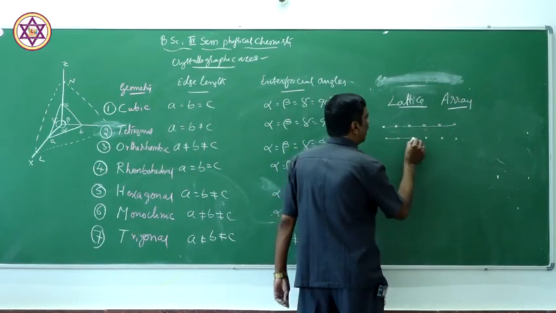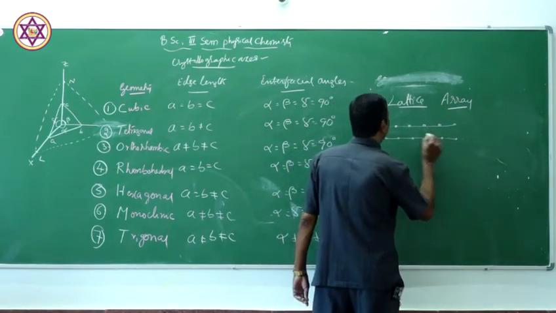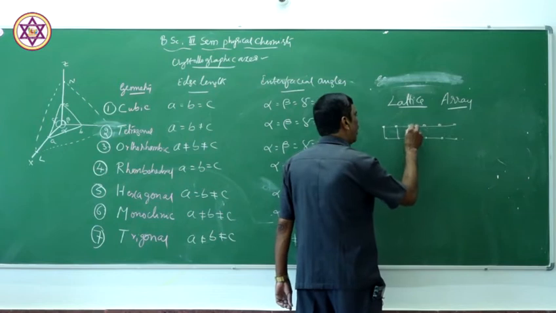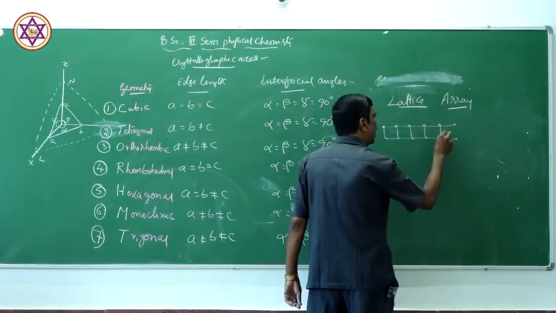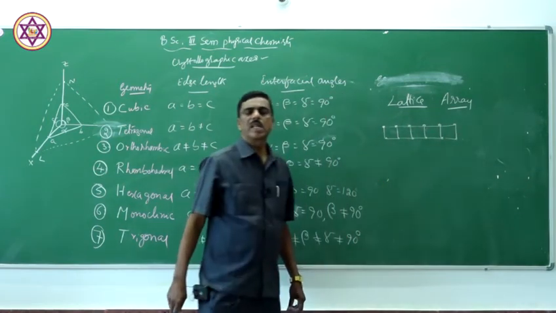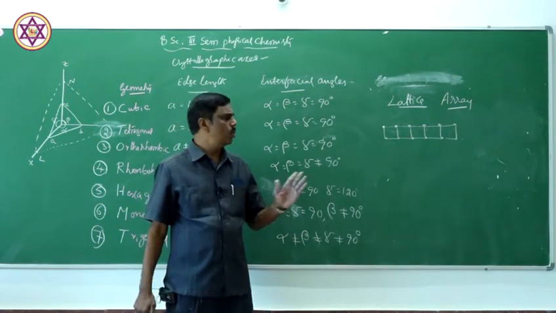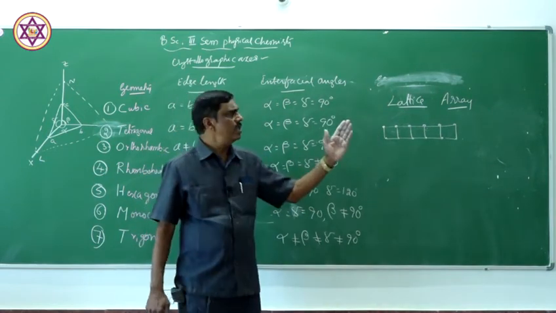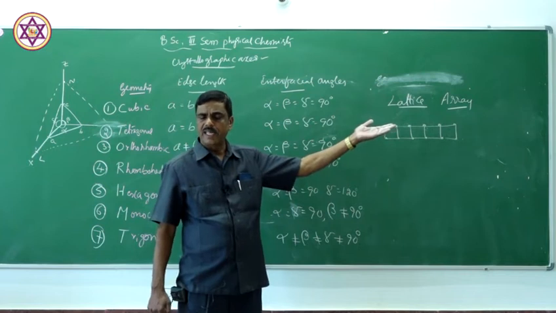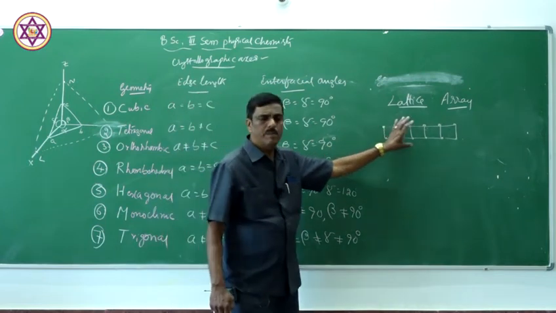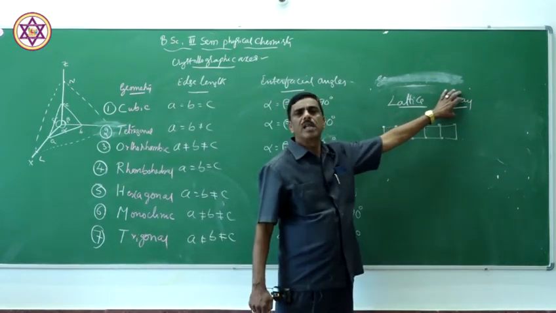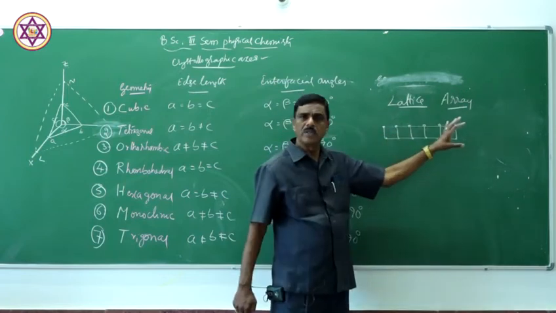Now you see the atoms are here and they are joined to form a 2-dimensional array, a 2-dimensional array of atoms or molecules in a plane. These are lattice planes. Lattice planes are nothing but the array of atoms or molecules in 2 dimensions.